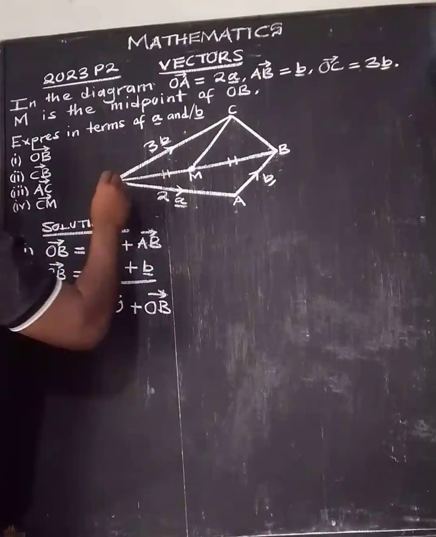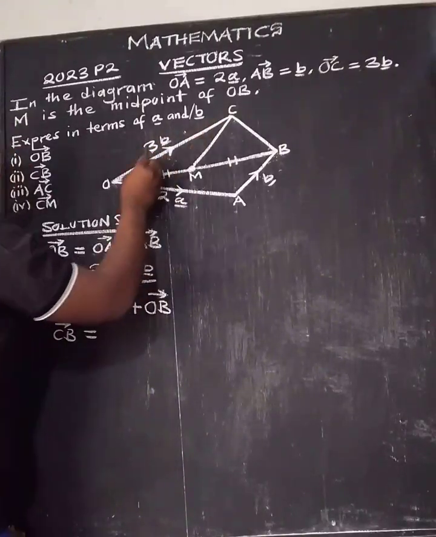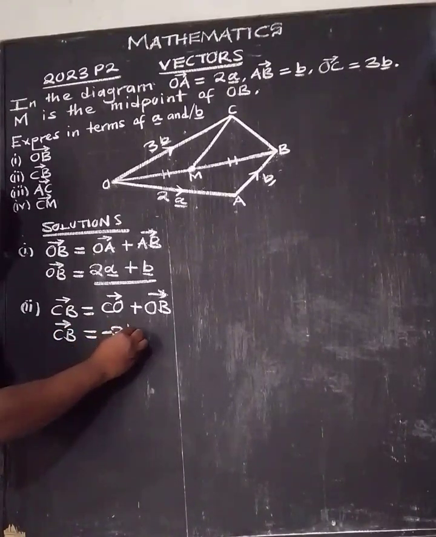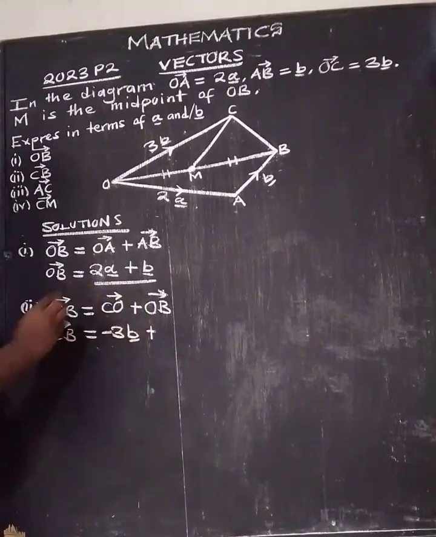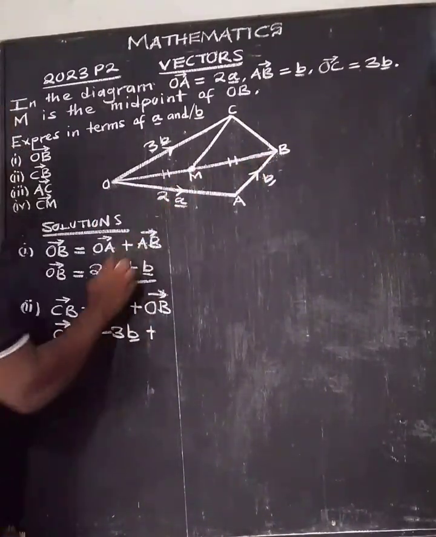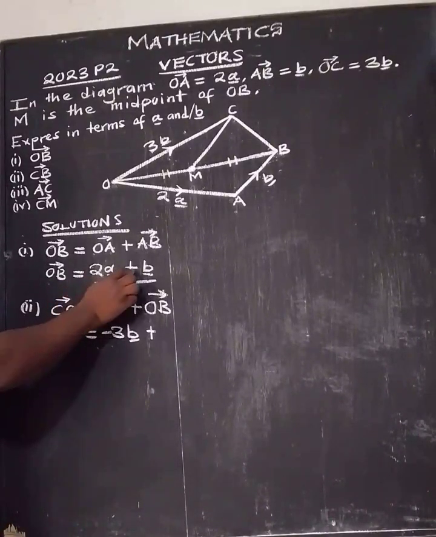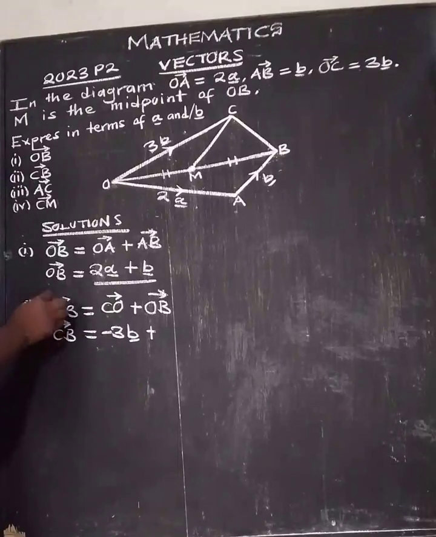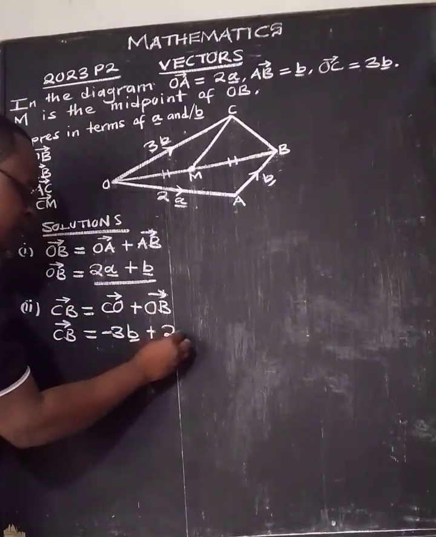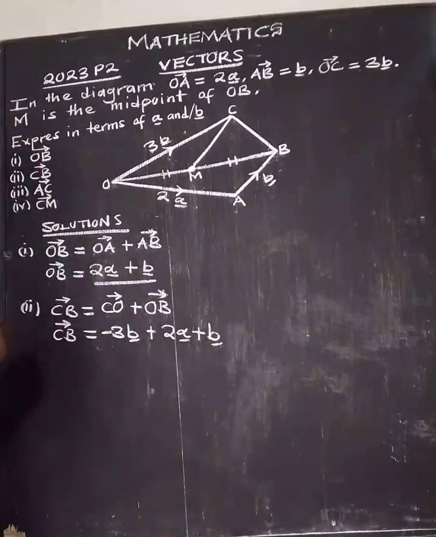The arrow is moving from O going to C, but in our case we are moving from C going to O. So we are going to have negative 3 vector B plus, what is OB? From O to B. This is our OB, take note. OB is equal to 2 vector A plus B. So where there is OB, since we know what our OB is, we just substitute: 2 vector A plus vector B.